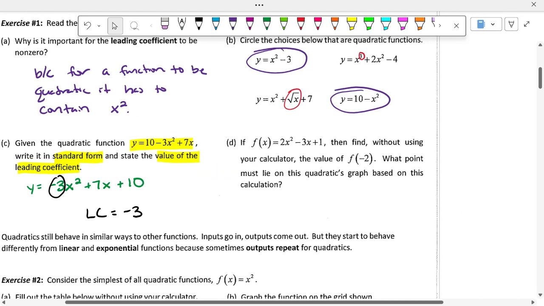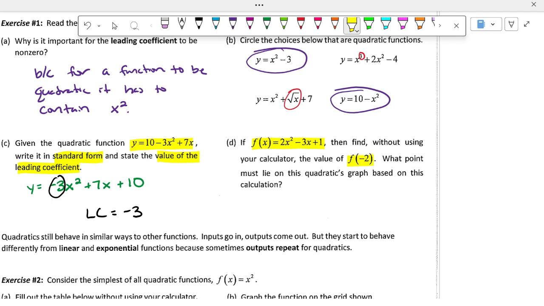All right. Now this next one, they gave us the function and they asked us to calculate what f of -2 is without using a calculator. All right. Now we've seen these before. If you see f of -2, what does that mean you do? You plug -2 in for x.